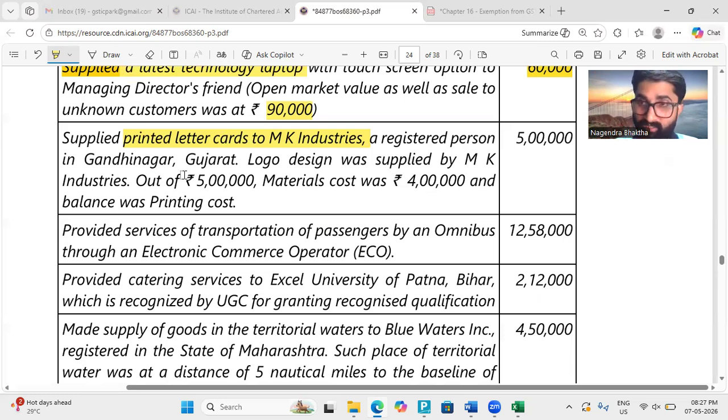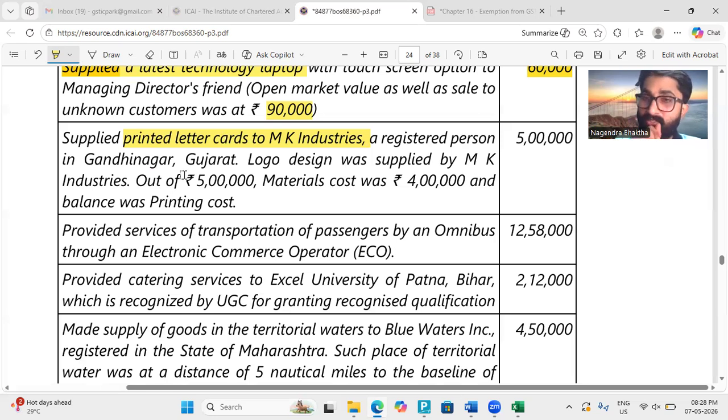So the content is important, not the book. So it is supply of service. Though the book is a good, printing is a service. Though the book is also involved, it is supply of service.